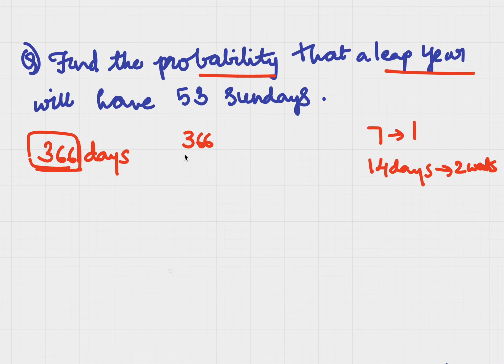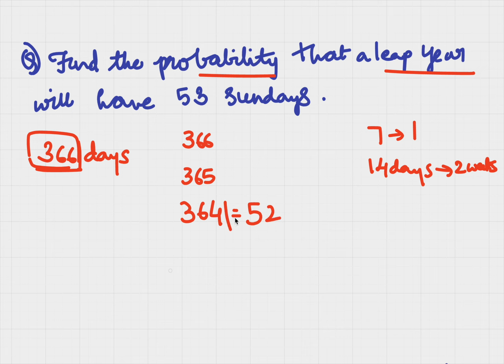If we go by that, 366 is not a multiple of 7. If I see 365, it is also not a multiple of 7. Let's see 364. Is it a multiple of 7? Yes, it is a multiple of 7.